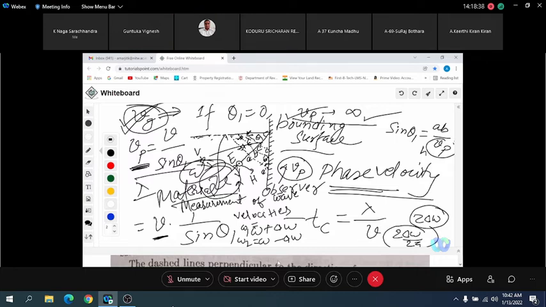How to calculate? What is your suggestion? How can we calculate the actual group velocity for the band of frequencies? The complete intelligence is traveling with what velocity? That is group velocity.